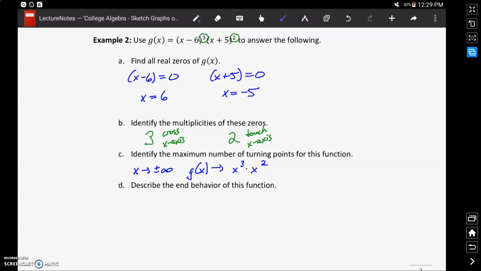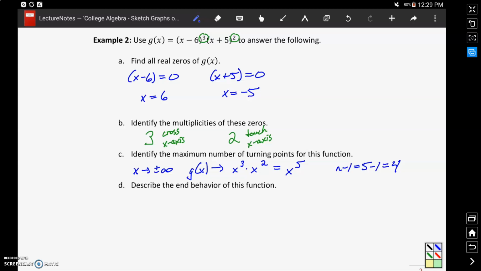In this case, there's not one there, so x cubed times x squared will give us x to the 5th. So our polynomial is of degree 5, meaning our maximum number of turning points in this case would be n minus 1. So 5 minus 1, or 4.